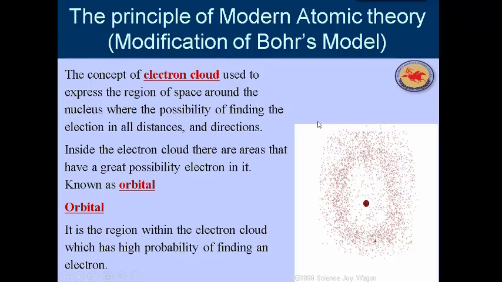So, in the wave mechanical theory, we have no orbits and no electrons moving in definite orbits, but we have something called the electron cloud. As you observe in this picture, here is the electron cloud, which is the space around the nucleus where you can probably find an electron. But inside this electron cloud, there is something called an orbital, and the orbital is a place of high probability to find an electron.